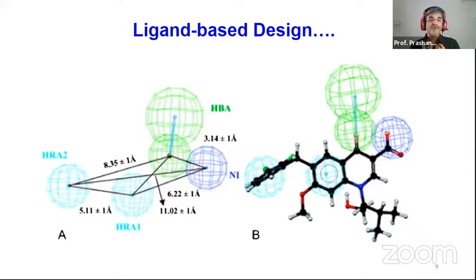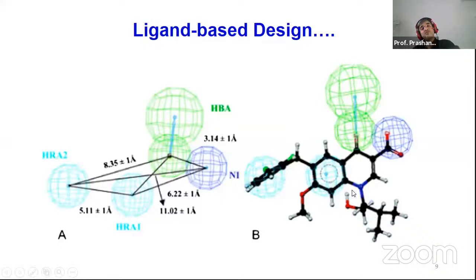If I have that information, I can tell the computer to design a molecule, or generate a hypothetical data set of molecules, and then the computer will go and match the molecules with this set, and wherever there is a match, it will give it as a hit, and that's exactly what is shown in figure B, where a molecule has all those features located at particular distances.